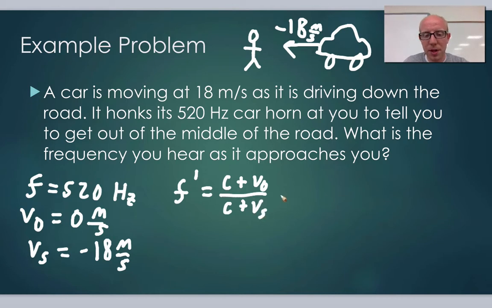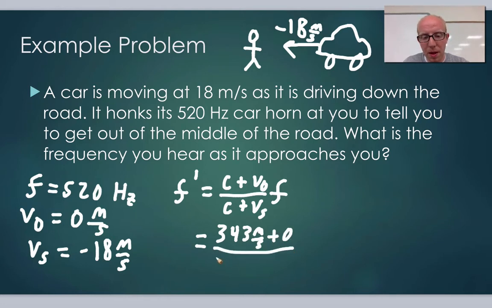velocity of source, times the frequency. And in this case, that is 343 meters per second plus 0 over 343 meters per second minus 18 meters per second. All of that times 520 hertz.